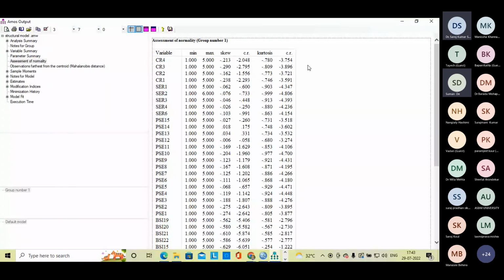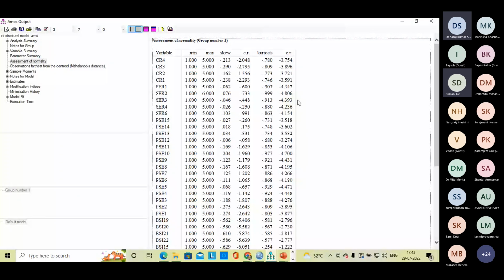The CR values must be between minus 1.98 and 1.98. Why? Because at the 5% level of significance, the standardized Z score is 1.98. Everybody knows this from the very beginning, even in +2 commerce. The standardized Z score at 5% level of significance is 1.98.